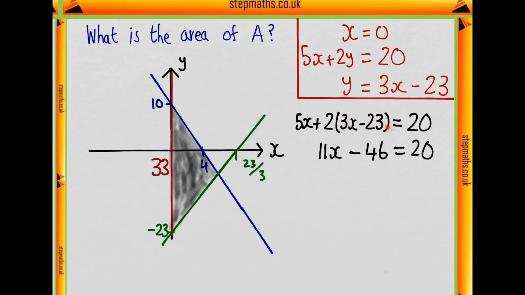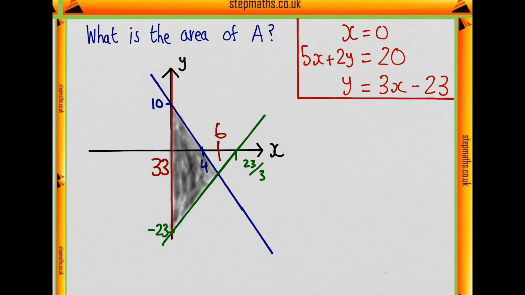Collecting the terms by expanding this bracket out, 11x minus 46 is 20. So 11x is 66, x equals 6. So we know that the x coordinate of this point is 6. We've got the base and the height, so we're nearly there.